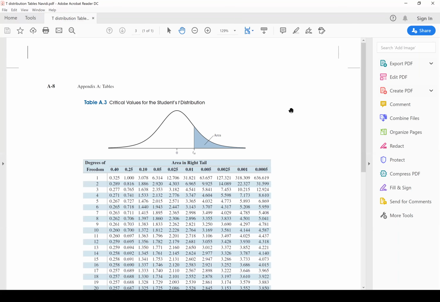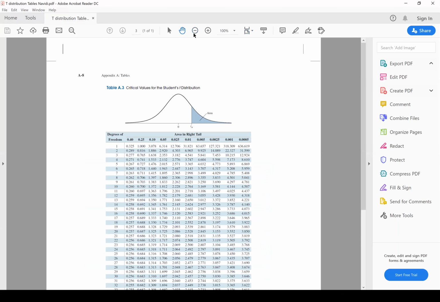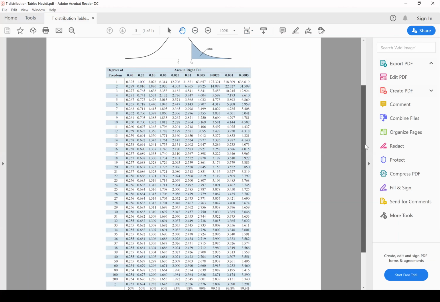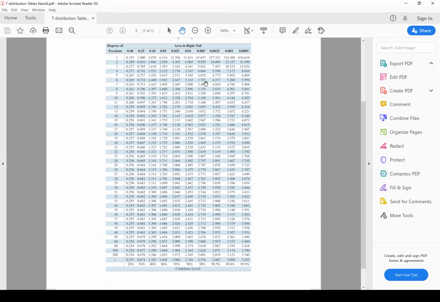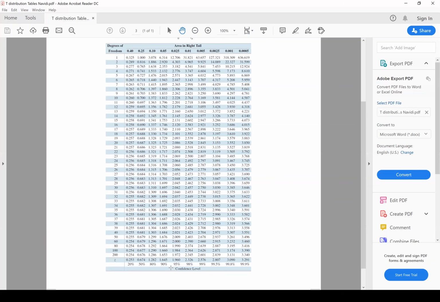So all you need to do is go into this table. 95 is right here. This is my 95% column. And now my degree of freedom is 9. Everybody see that, this is where they intersect, and that is my critical value.